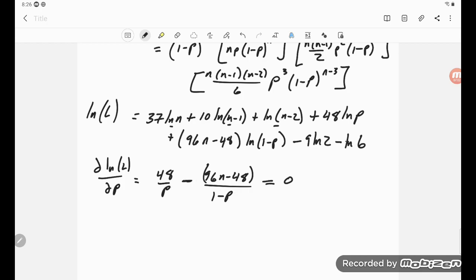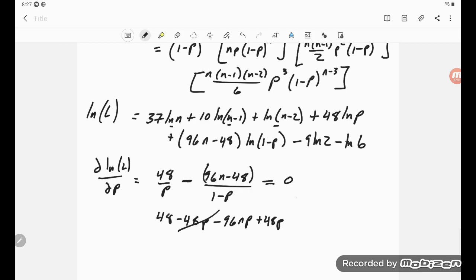What's nice about that is when you get common denominator here, or just multiply through by p times 1 minus p, you see you end up with 48 minus 48p, and then minus 96np, and then plus 48p.